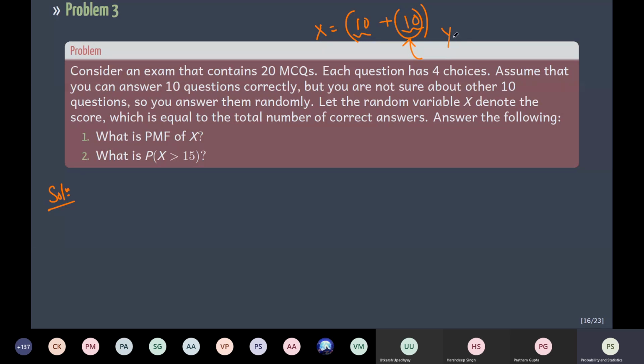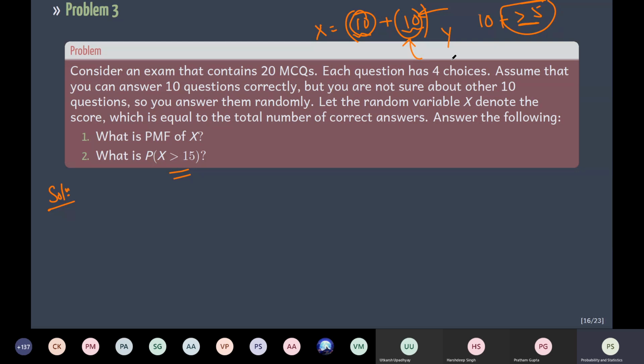This will help because what I'm asking for is the probability that X is greater than 15. 10 I am pretty sure. Now the question is, what is the probability that I get 5 or more correct out of 10?